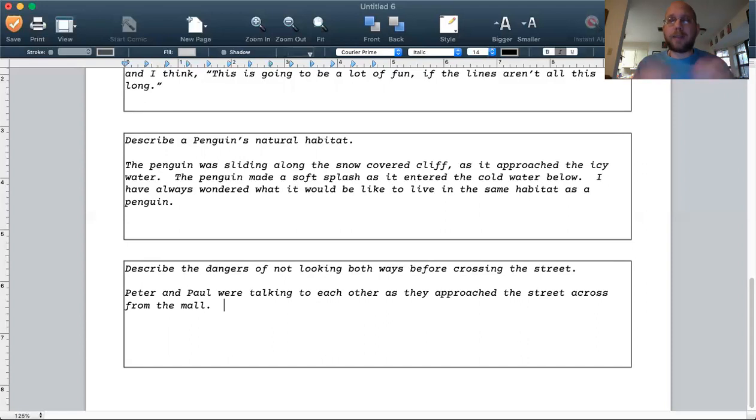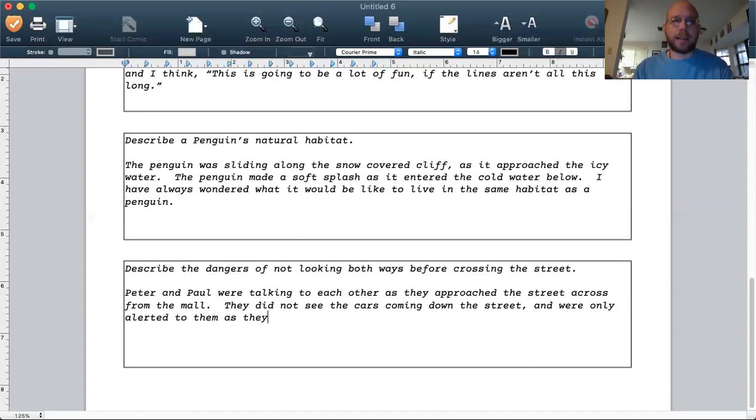Now in a 5 senses word, your da. So they did not see the cars coming down the street and were only alerted to them as their horns blared, warning them not to enter the street.